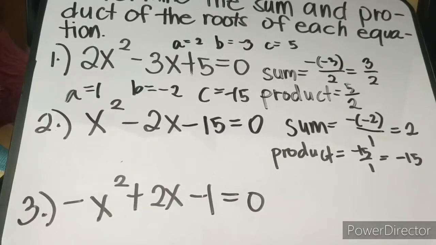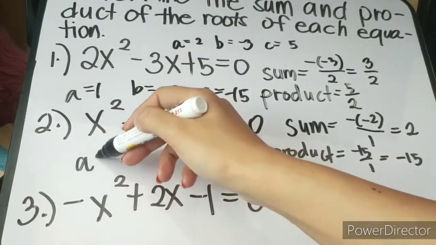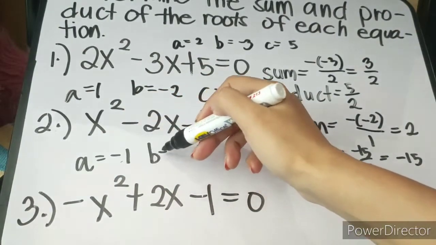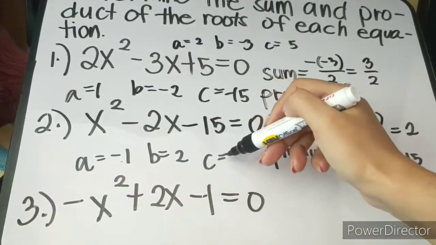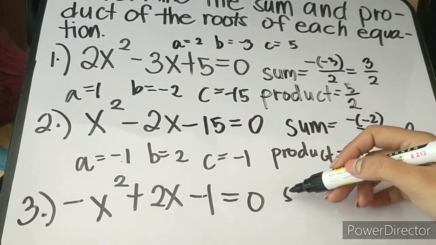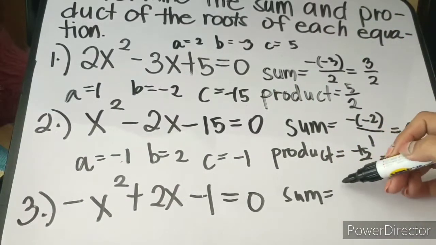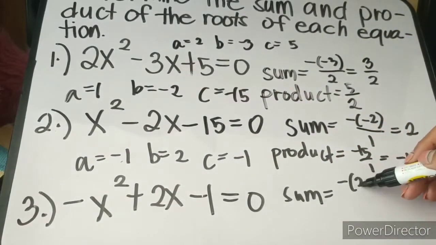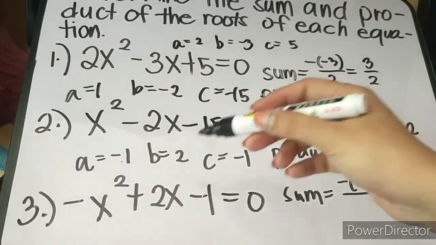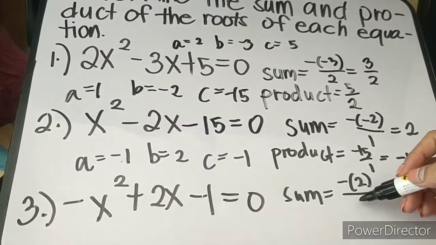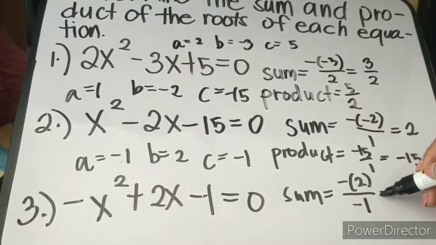And last but not the least, number 3. Identify natin yung a, which is negative 1. Yung b is positive 2. C is negative 1. So, let's see. Our sum is negative of 2, kasi yung b natin is 2, over negative 1.